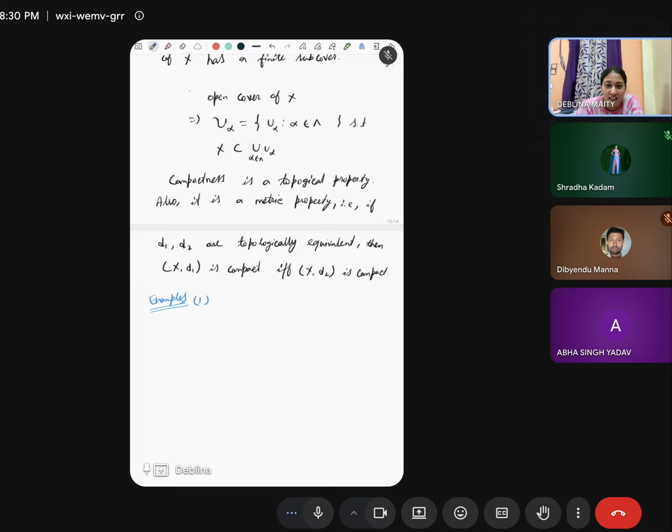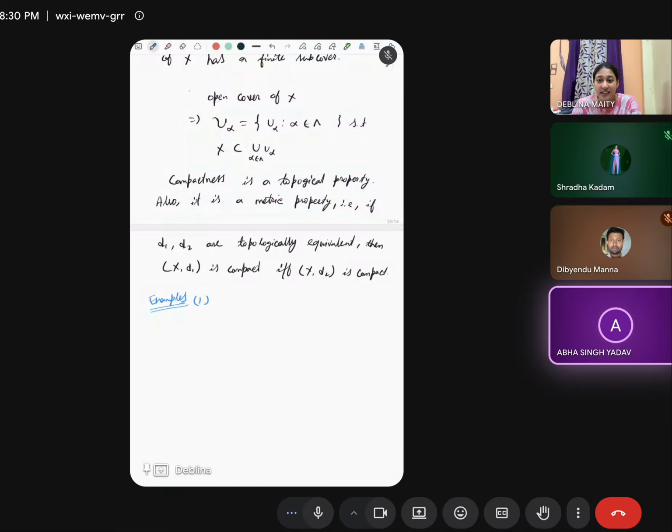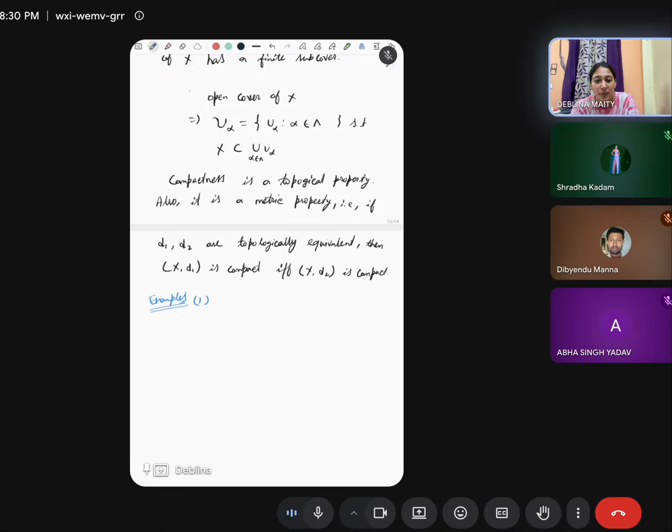Basis means basis. Here, open base means open balls. Open balls generate the open sets. An open set is the union of these open balls, and open sets generate the topology, right? The base consists of these balls, the smallest open sets.